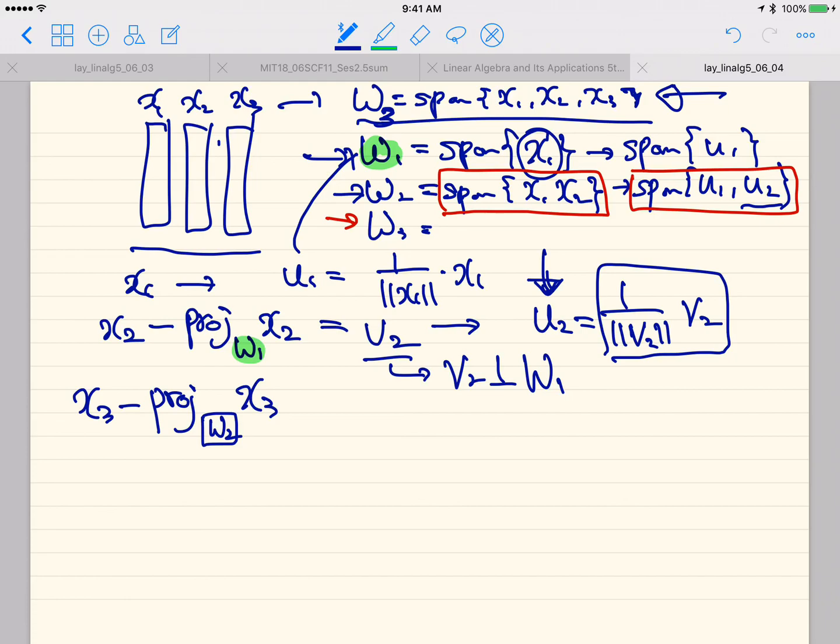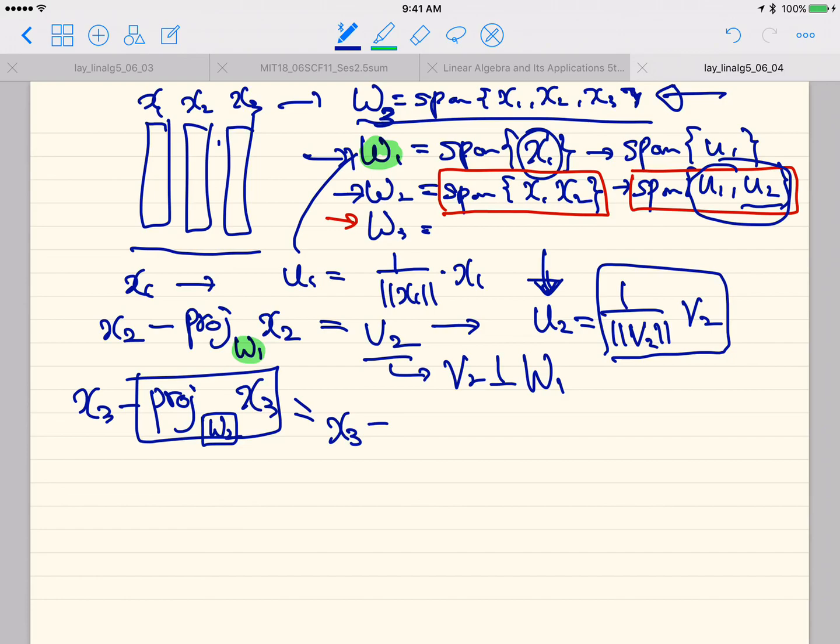Okay? And then in this case, how can we obtain this part? This part is written by this. So we have a nice orthonormal basis for our subspace W2. So, okay, you guys know the formula, right?